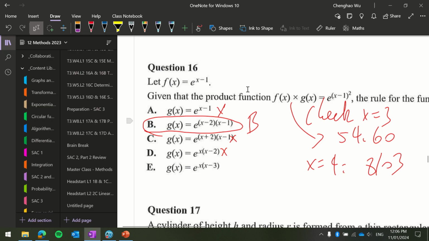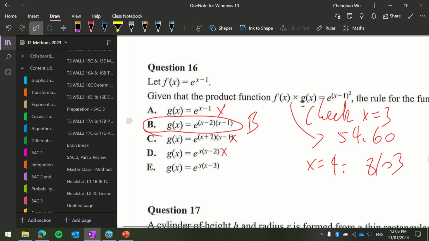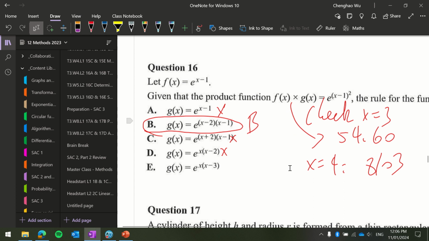And then I tried the left-hand side. This is option A. I'm going to try g equal to the first option, e to the power of x minus 1. Then I substitute 4 in, f4 times g4 with option A, and the answer is wrong. The answer doesn't agree with the right-hand side.